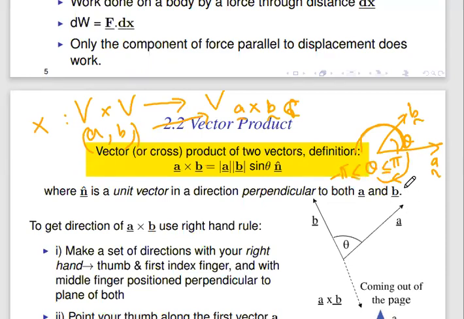Or, if you are measuring only positive angles, this is better: theta in between negative pi and positive pi, right? Magnitude of A, magnitude of B, sine of theta, times n. N is the unit vector which is perpendicular to the plane of A and B.